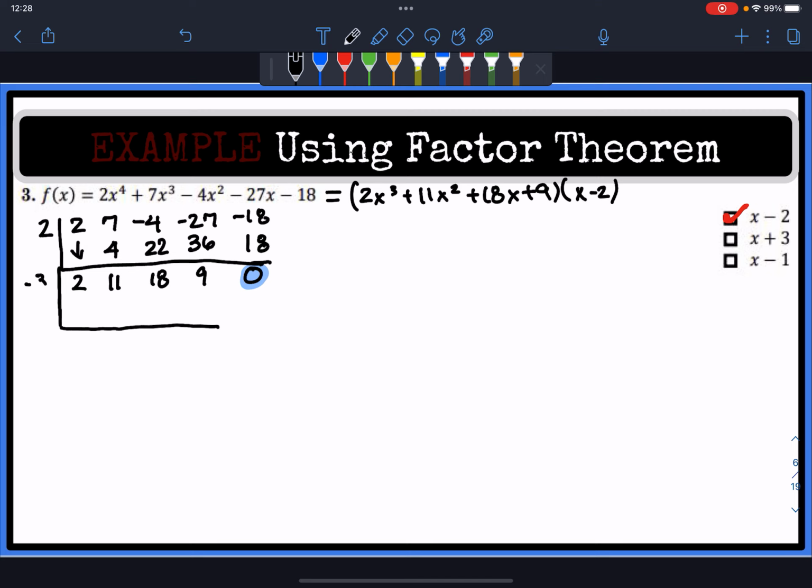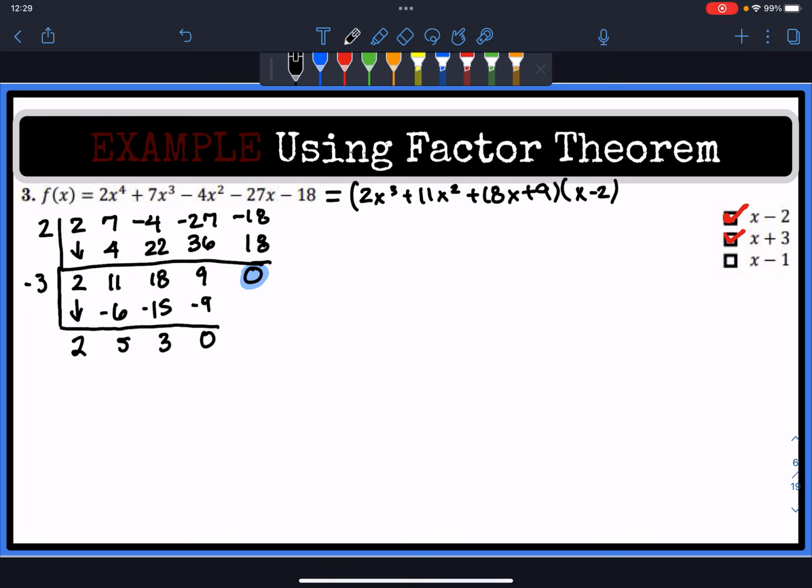So I'm going to put negative 3 on the outside, bringing down the 2 and multiplying. We have negative 6, adding it gives us 5, multiplying gives me negative 15, adding that with 18 is 3, and 3 times negative 3 is negative 9, which ends up becoming 0. So there we have it. So x plus 3 is also a factor.